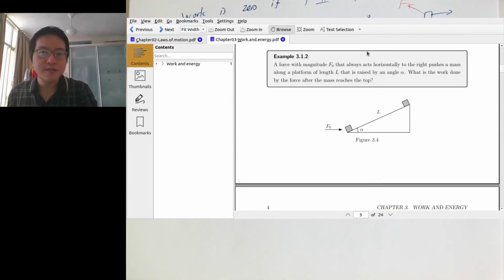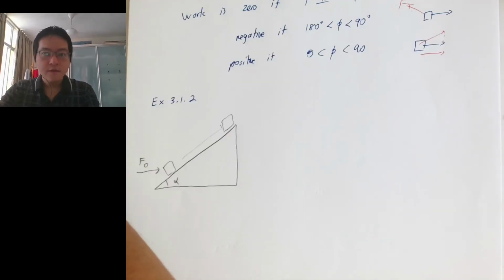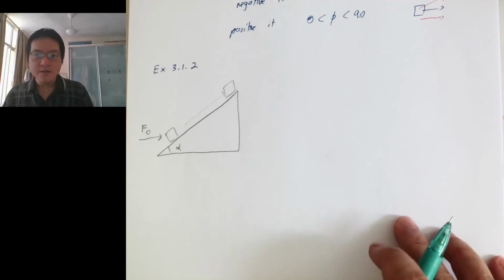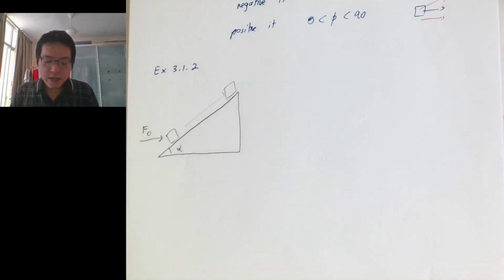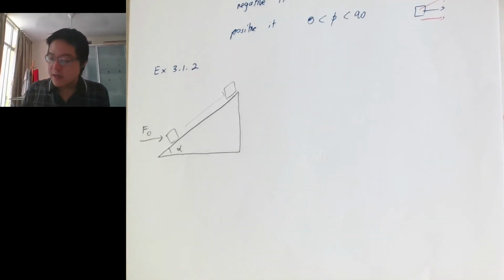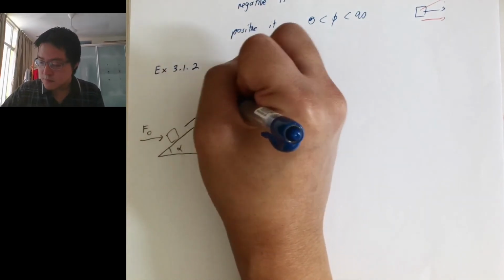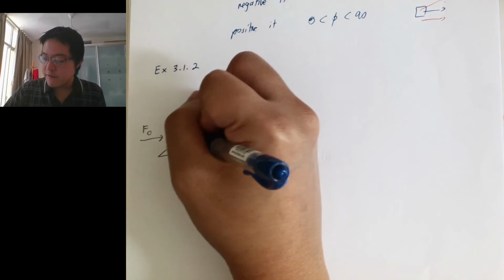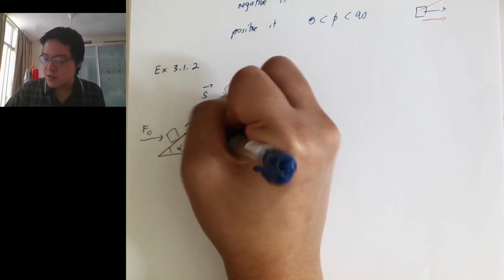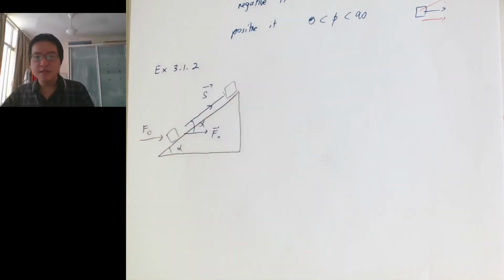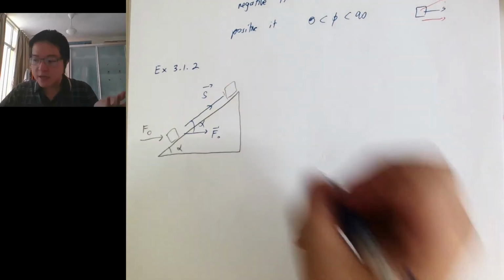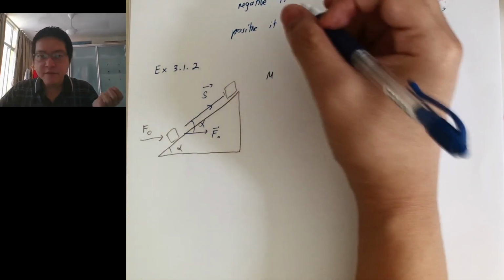What is the work done during this process? Let's work this out. We just need to get our two vectors. My displacement vector is over here, and my force vector is over here. The angle between these two vectors is this. I have shown you two formulas to calculate the work done.